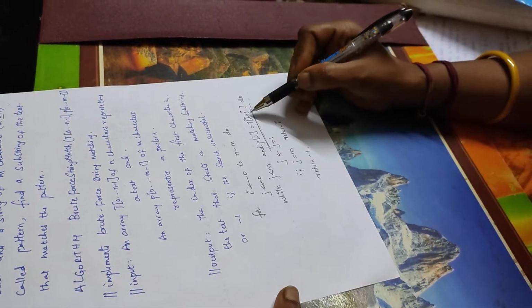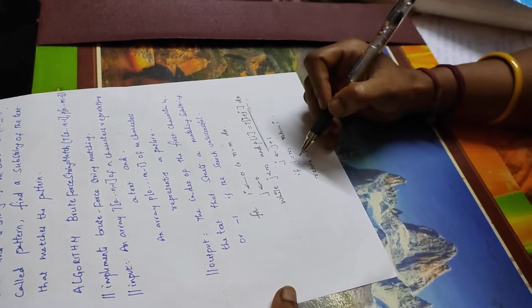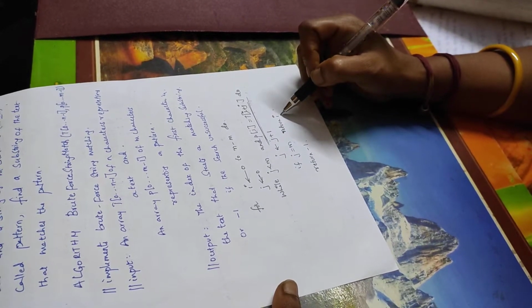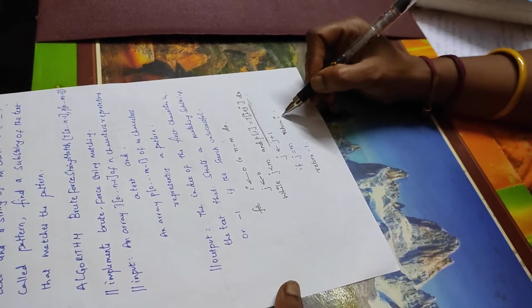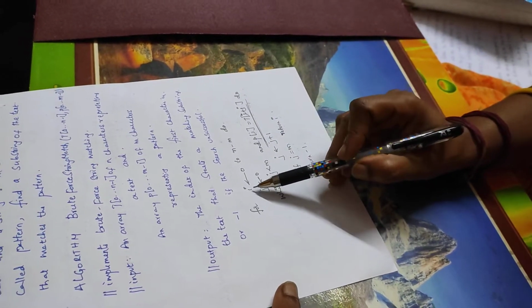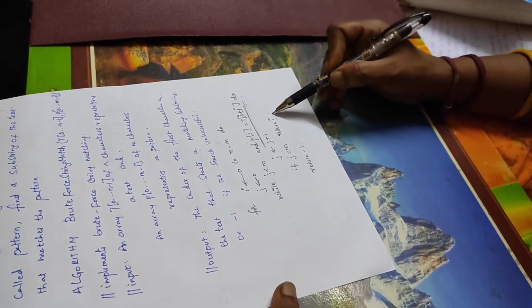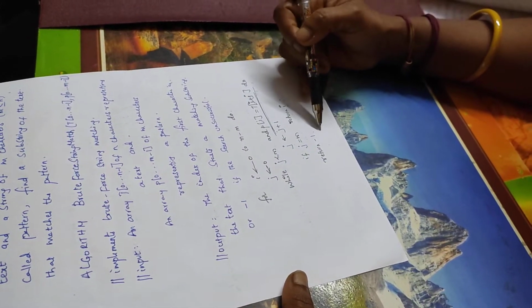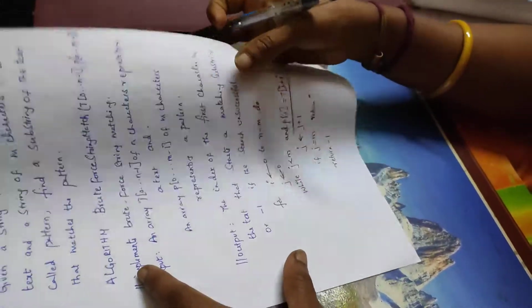If the match is found, we increment j by 1. Then if j equals m, we return i, because the match is found, and the starting position of the pattern is given by i. Otherwise, if unsuccessful, that is, the pattern is not available in the text, we return -1. Now I'll go with an example.